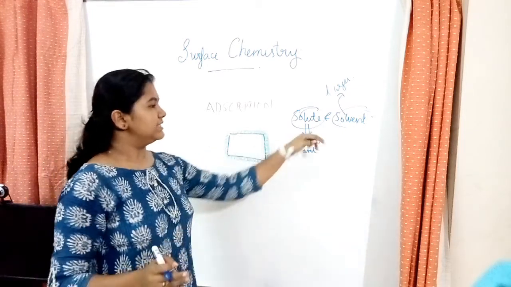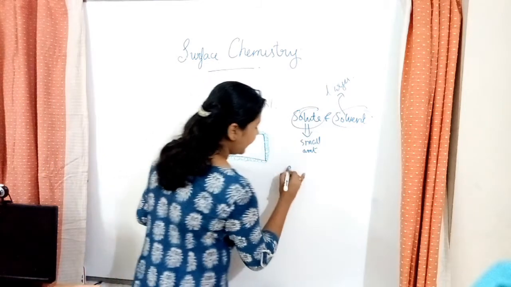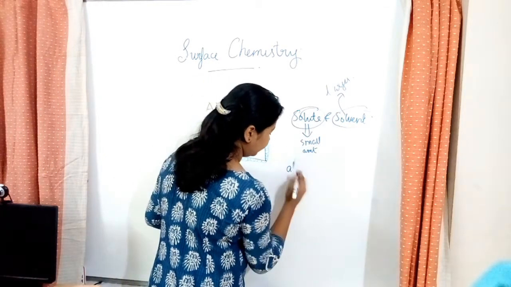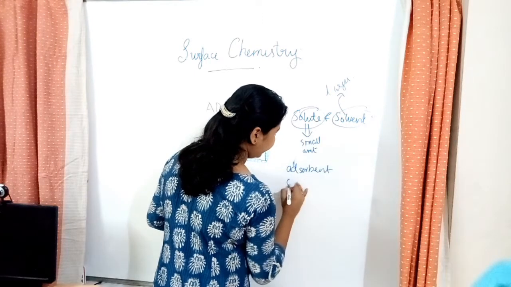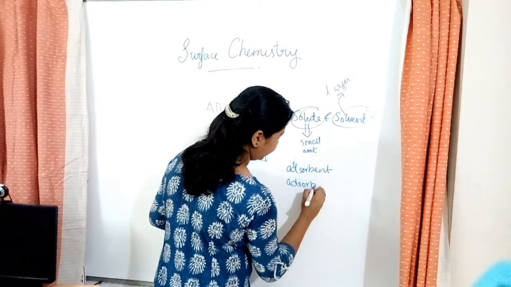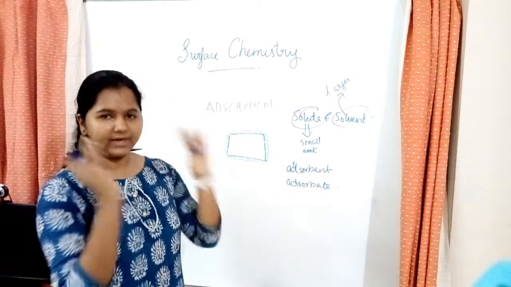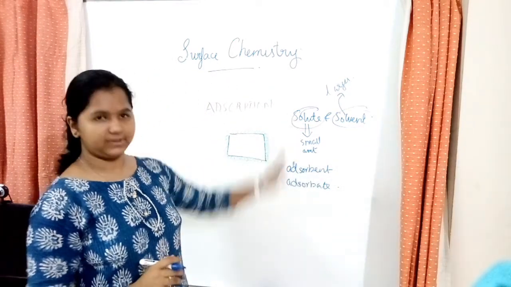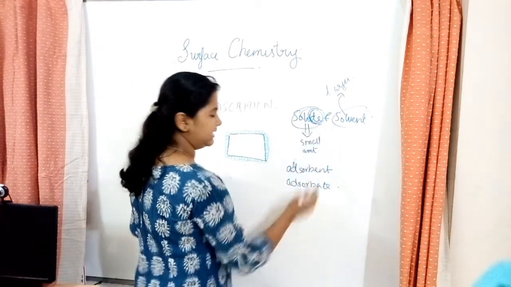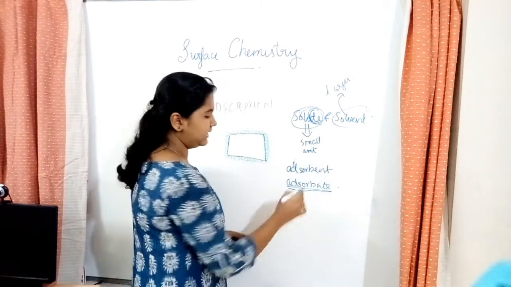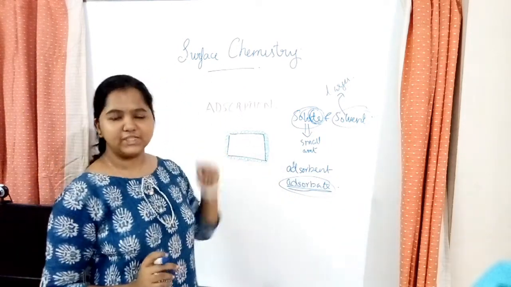Now I told you we have to learn about two terms, adsorbent and adsorbate. Okay? For a simple connection, that's why I wrote this also. Don't get confused. So solute is the one in smaller amount, and adsorbate is too. Over here, what can you see in smaller amount?